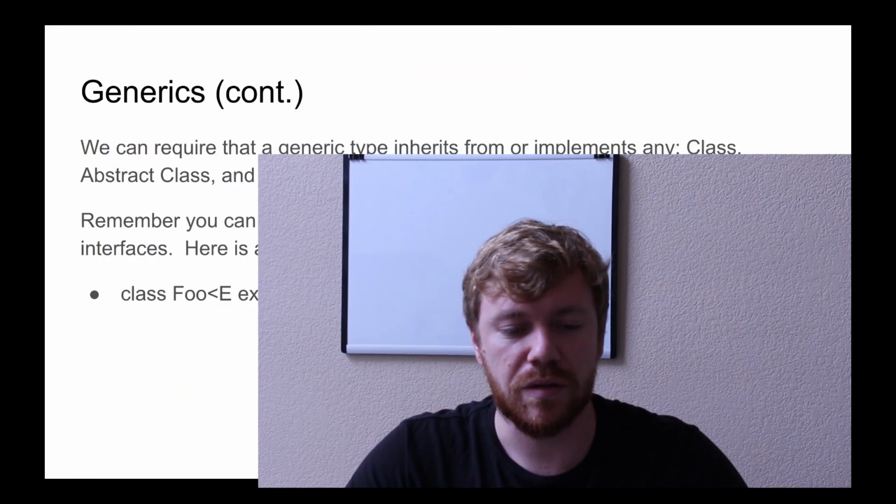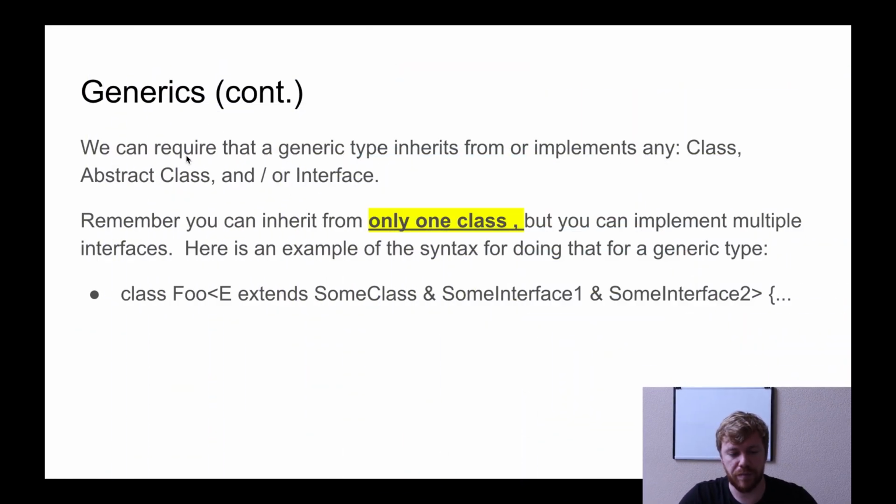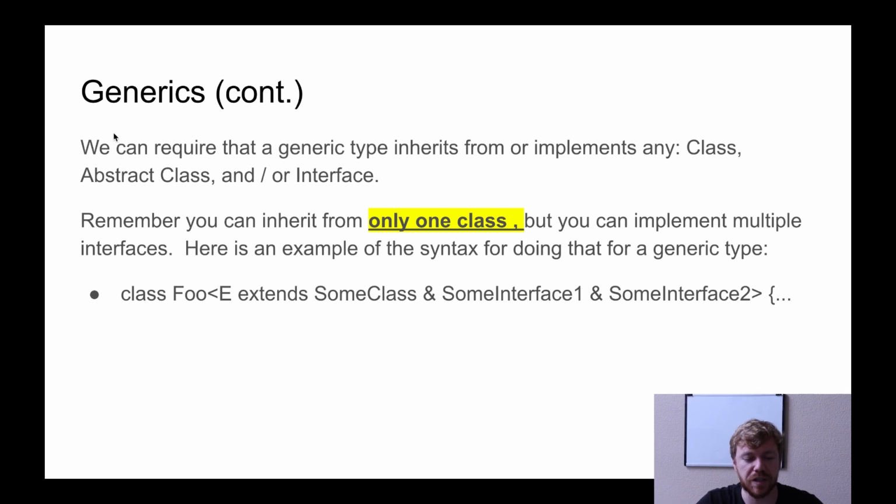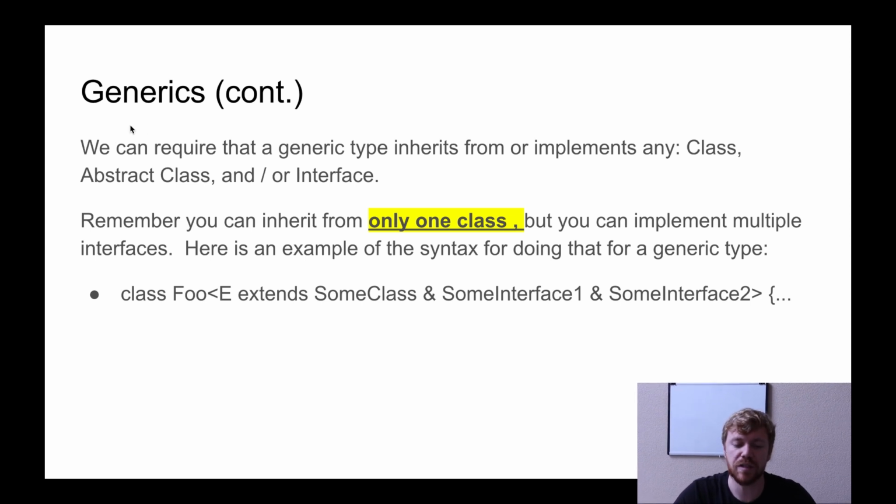So if we look at the lecture slides here, the very last lecture slide in the generics example says we can require that a generic type inherits from or implements any class, abstract class, and/or interface. Remember that you can inherit from only one class, but you can implement multiple interfaces.